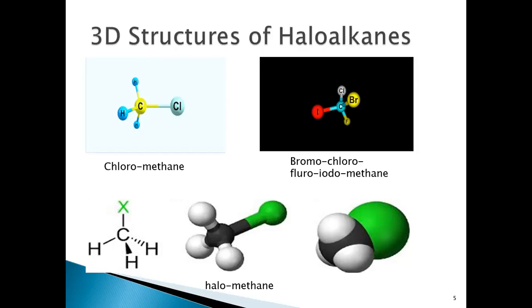Then the general name for this is halomethane. It is not necessary that there will be only one halogen. It may be 1, 2 or 3. You can see here there are 4 halogens: bromine, chlorine, fluorine and iodine. Then the compound will be bromochlorofluoroiodomethane.